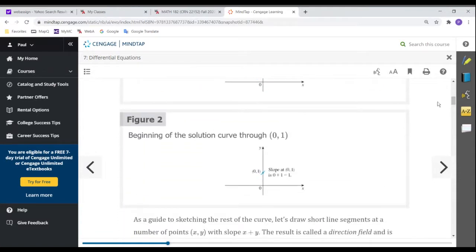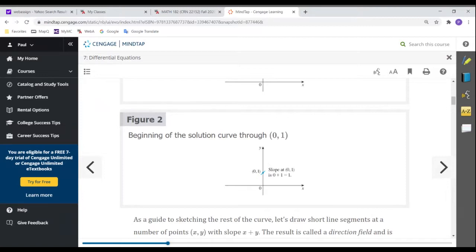In figure 2, they draw a line at the point 0, 1. In figure 2, they've drawn a tangent line, because remember, a derivative is the slope of a tangent line to a function at a certain point.